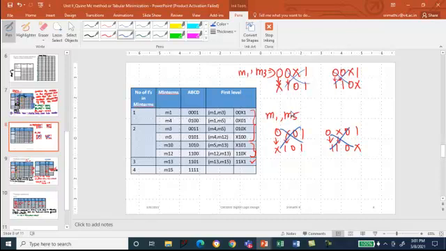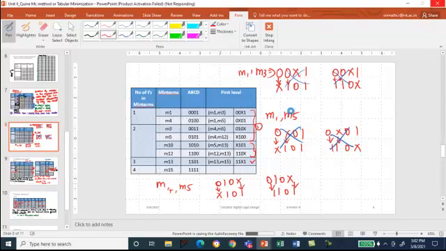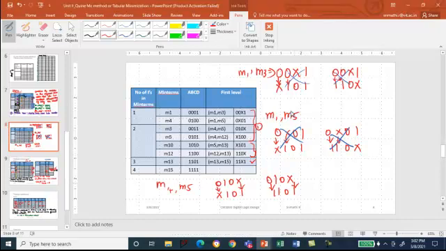Okay. Come ahead with this. Now this 0, 1, 0, x. This is first level, that is nothing but M4, 5. 0, 1, 0, x should be compared with x101 and with 110x. So this is changing, this is same, this is same, this is changing. So this combination is also not possible.